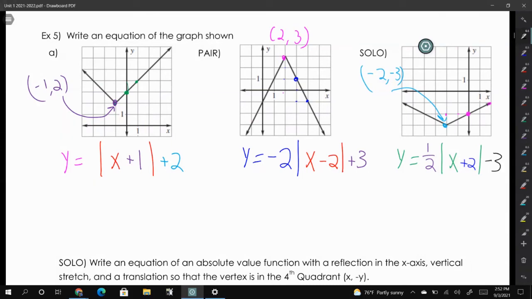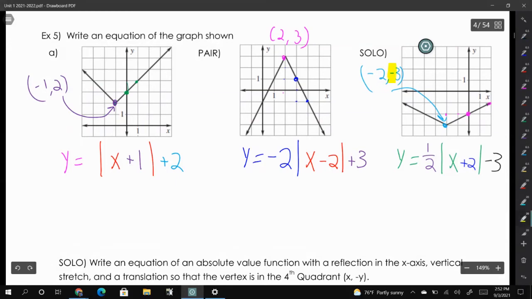When we're writing our equations or dealing with the left and right shift, it is always the opposite of what you would see. Our vertex was at -2, -3. So we need to have x +2 in those absolute value bars. On the outside, our k value, it is always exactly what you see.